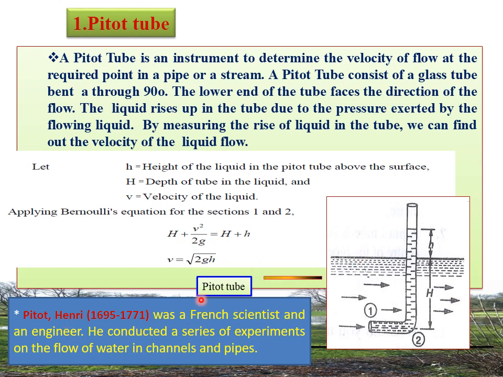The rise in height is proportional to the velocity of the liquid. If the velocity is greater, the height would be more; if the velocity is less, the height would be less.